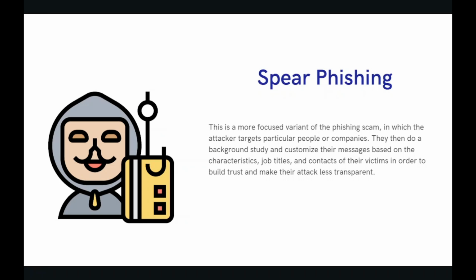The goal of a spear phishing attack is usually to obtain sensitive information such as login credentials, financial data, or confidential company information. This information can then be used for various purposes such as stealing money or trade secrets or carrying out further attacks.